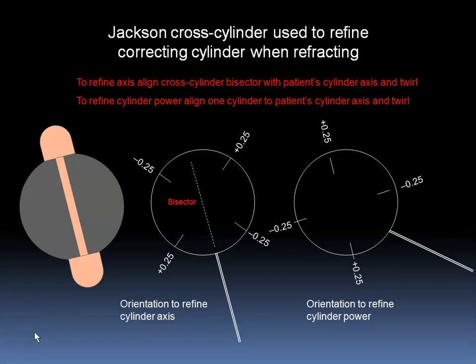If using plus cylinders to correct the patient, then one rotates the correcting cylinder that has been placed over the patient's eye towards the orientation of the plus cylinder in the Jackson cross cylinder, and repeats the procedure until an endpoint is reached, at which point the patient will say that either flipped position of the cross cylinder gives equal vision.